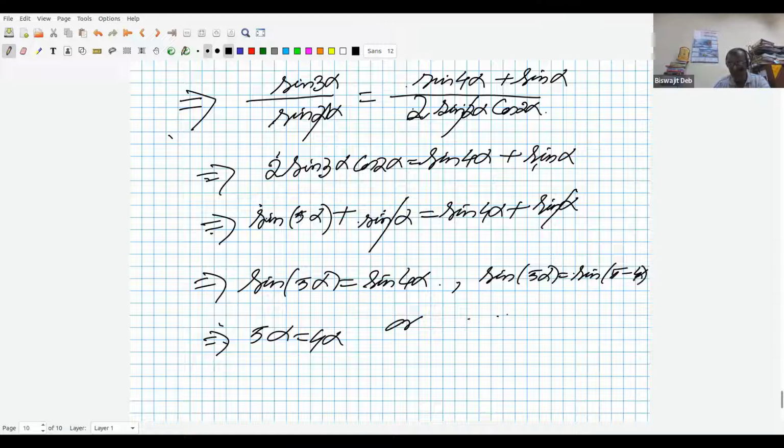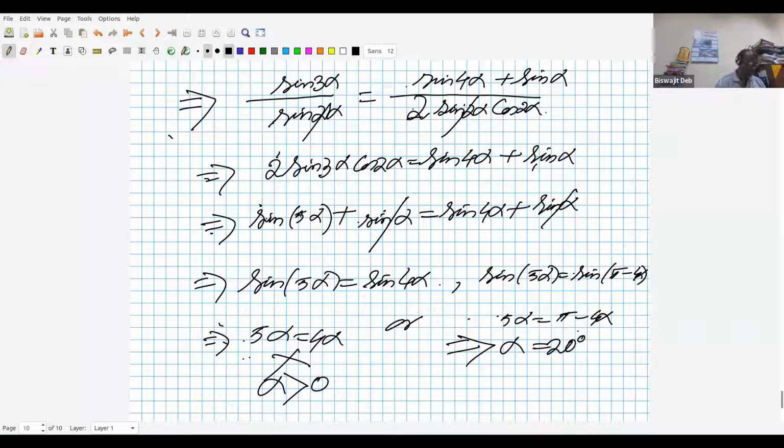So I can write 5 alpha equal to pi minus 4 alpha. This is not possible because alpha is greater than 0. So the only possibility remains is this one, and that gives you alpha equal to 20 degree. So that means angle A is 100 degree.